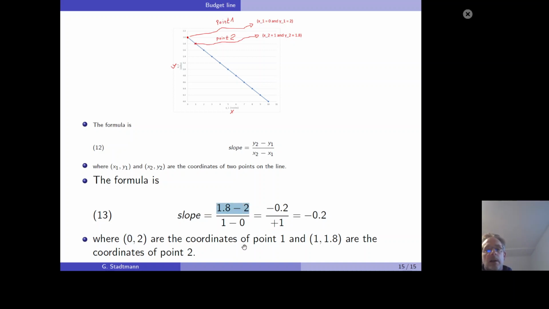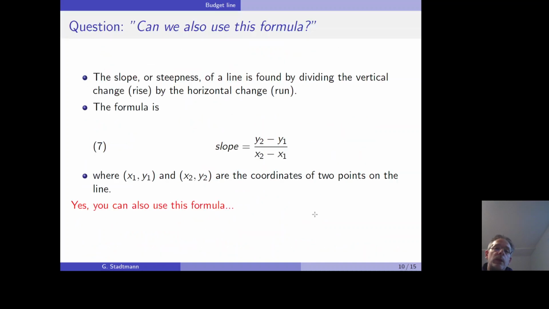We have the change in the y variable, which is equal to minus 0.2, and the change in the x variable, which is a positive 1. And hence also here the slope is a negative 0.2. So it is really the case that we can use this formula. Nothing is wrong with this formula, but we need to know how to apply it.